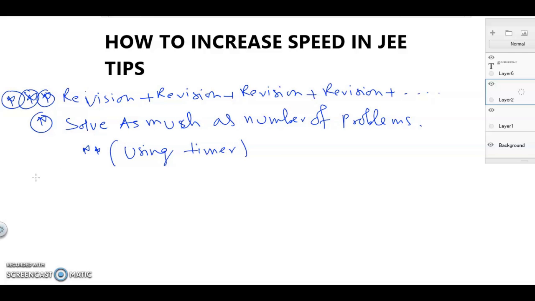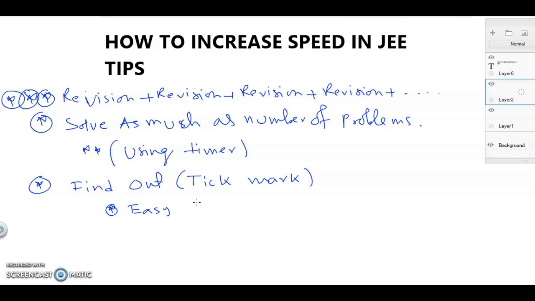Now comes the analysis part, meaning what you do after the exam. The third point is to tick mark the questions you solved in the exam using the timer.